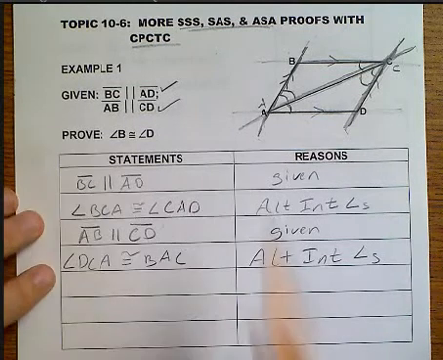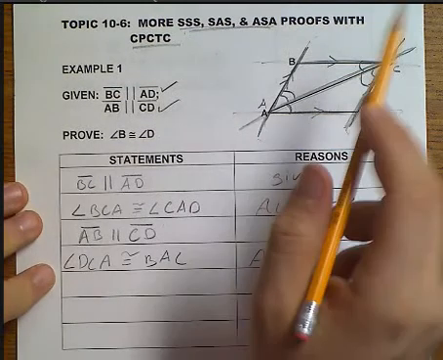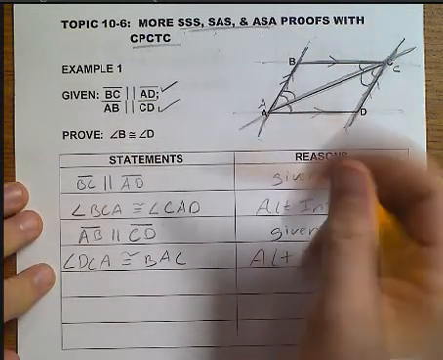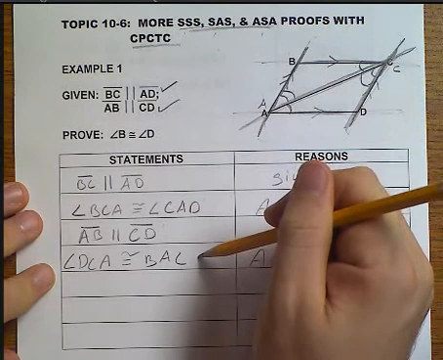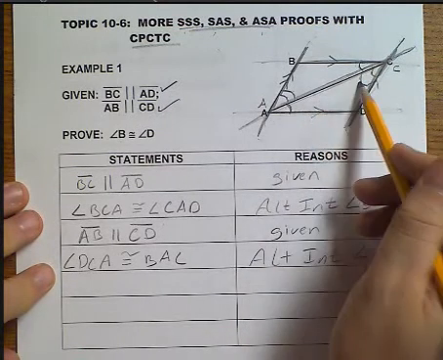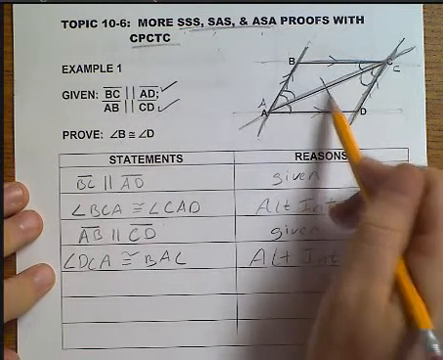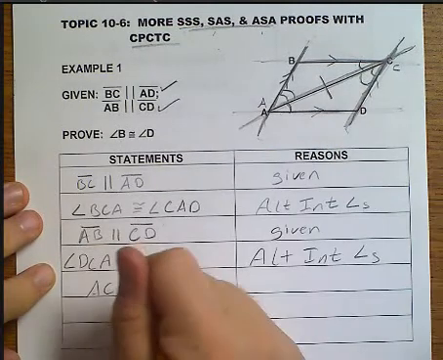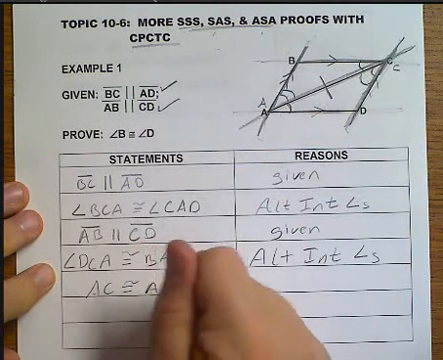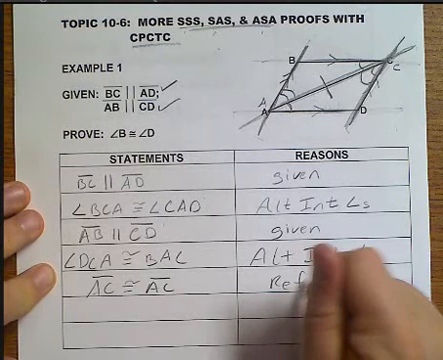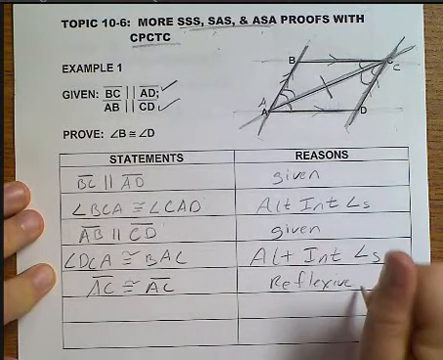All right, are we using side, side, side? Are we using side, angle, angle, or angle, side, angle? Well, I've got 2 angles, which means I need a side in between. So I need a side in between these angles. And what do you know? It's this one. AC will be congruent with itself, and that is our reflexive property.